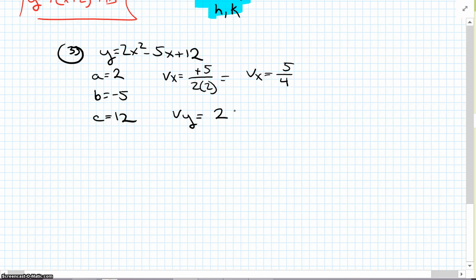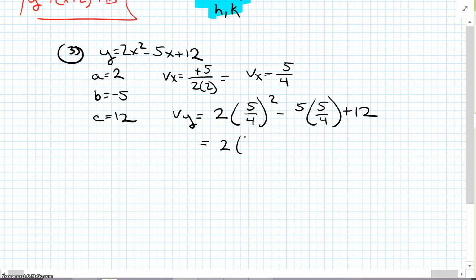So that's going to be 2 times (5 over 4) squared minus 5 times 5 over 4 plus 12. So we can make this 2 times 25 over 16, we just squared it, minus 25 over 4, still plus 12.